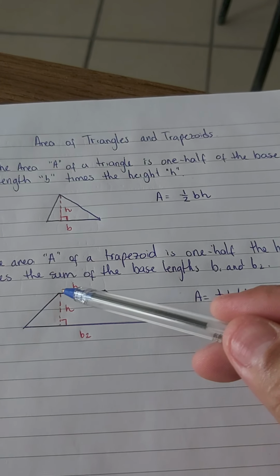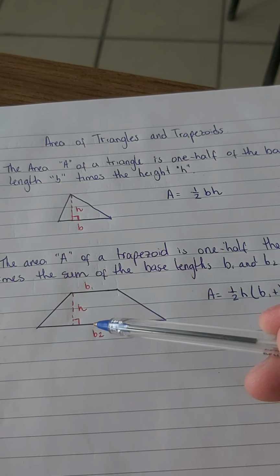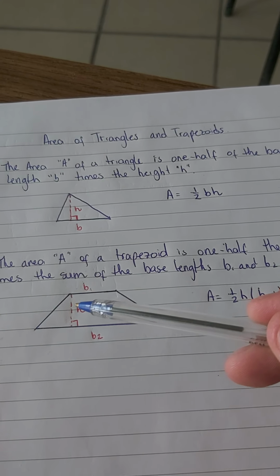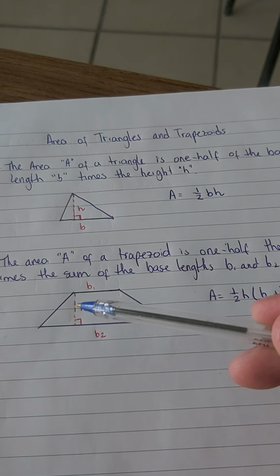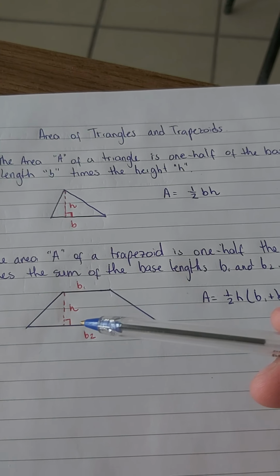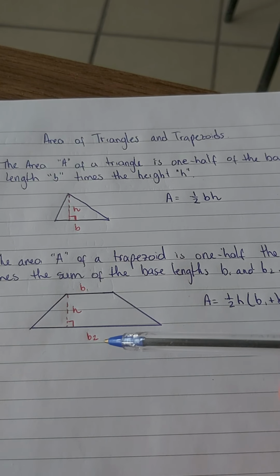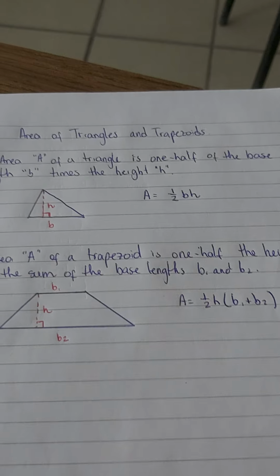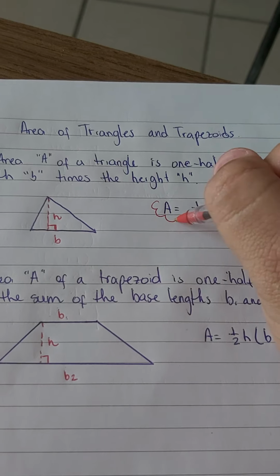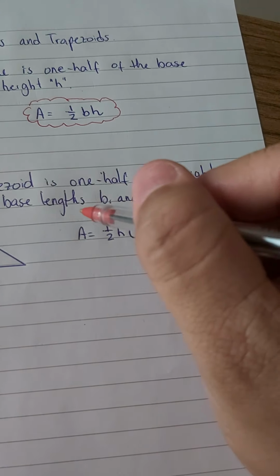Notice these two lines are the parallel lines, so those are going to be our bases, and this is perpendicular to the base, so this is our height. 1/2 the height H times the sum of the bases, base 1 plus base 2. So those are the formulas for area of triangles and area of trapezoids.